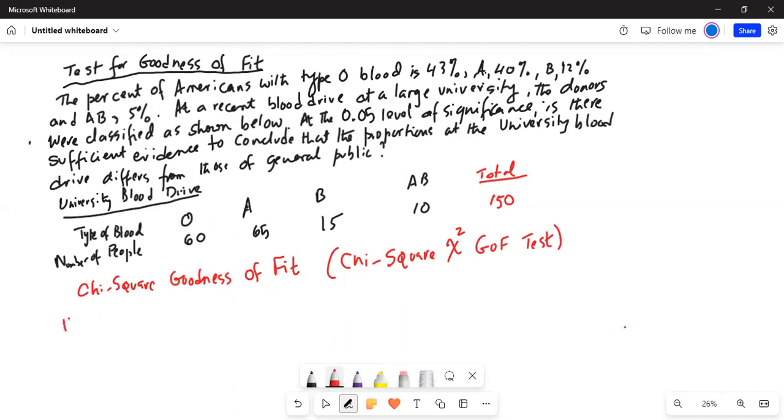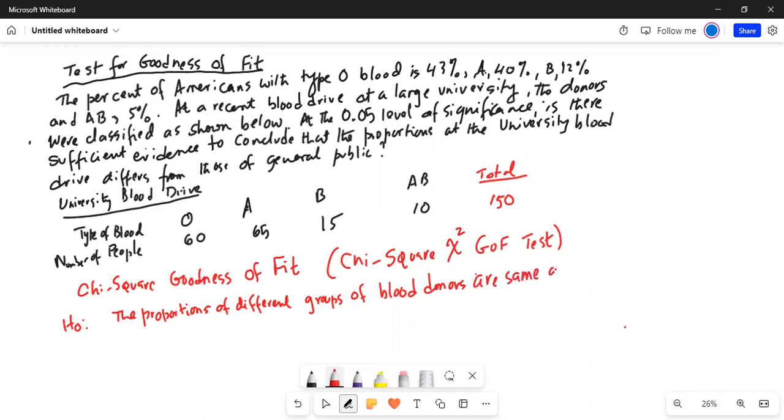Okay, so what is our null hypothesis? The proportion of different groups of blood donors are the same as that in the general public.